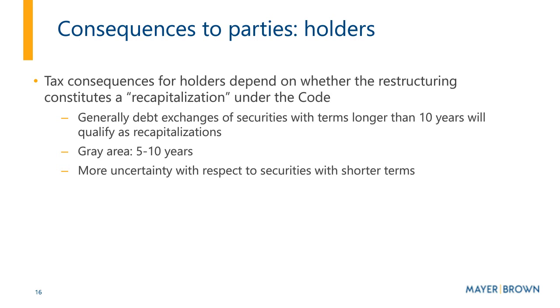In both cases, it's cut short when you do the deemed exchange. So how long of a term is good enough to be treated as a security? Under applicable guidance, a term longer than 10 years is generally treated as a security. Shorter than 5 years, generally not. And if you're in between those two, you're in a gray area where the answer is not entirely clear, at least based on current guidance.